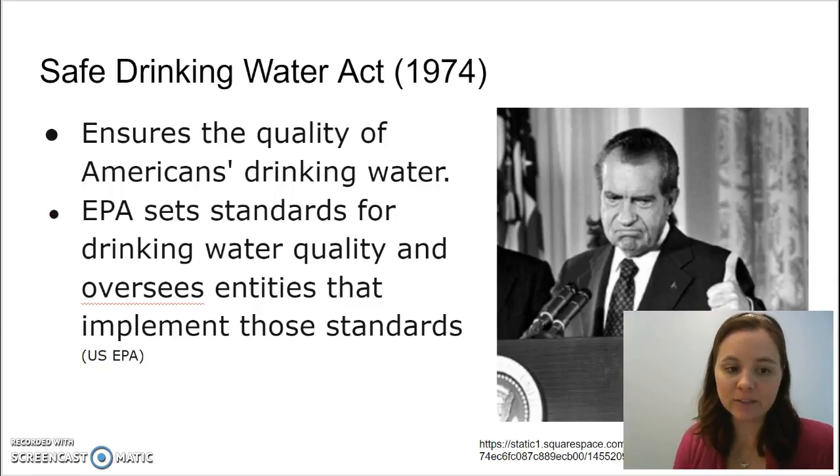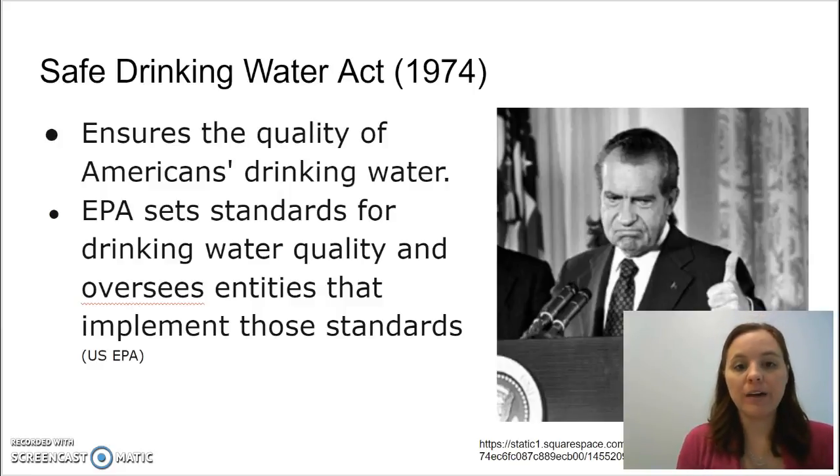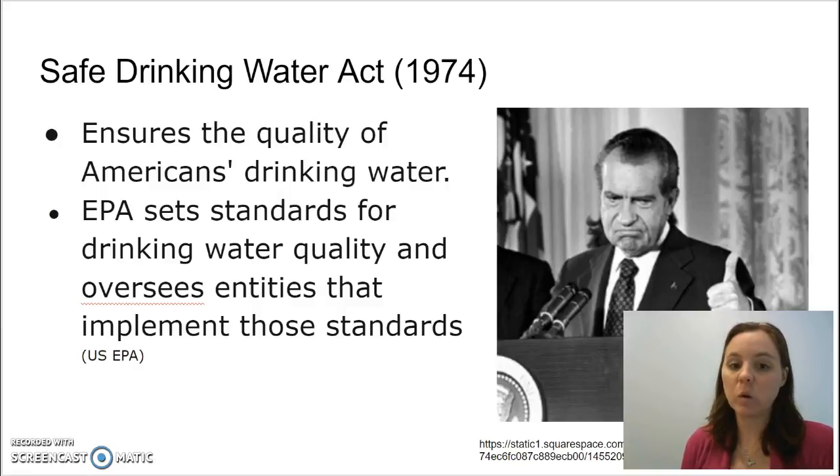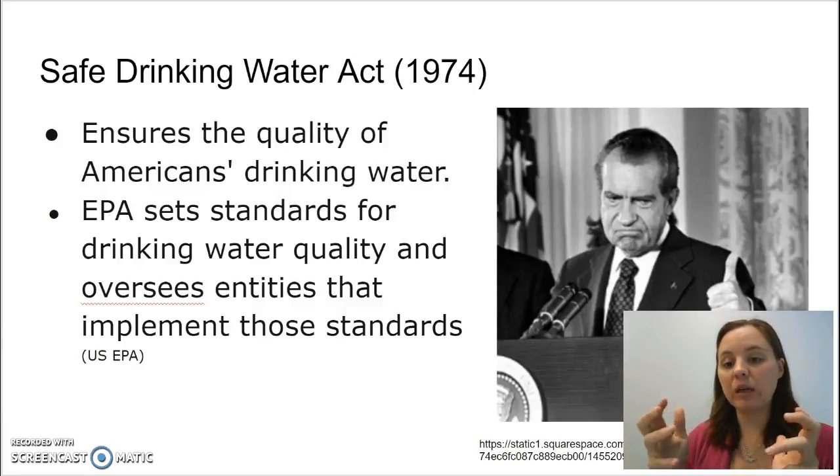And then in 1974, Congress passed the Safe Drinking Water Act, whose purpose is to ensure the quality of all Americans' drinking water. With this, the EPA sets standards for drinking water quality and then oversees any entity that implements those standards. So it could be states and cities, or private water utilities.